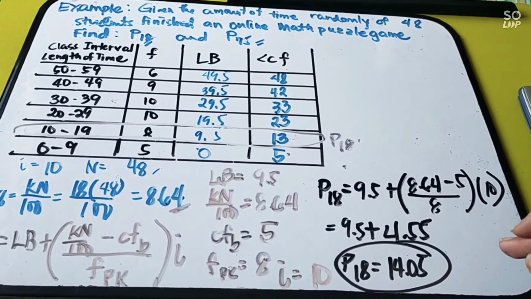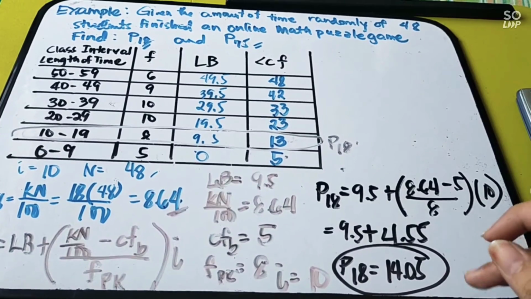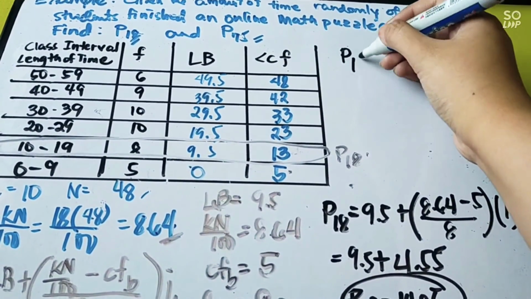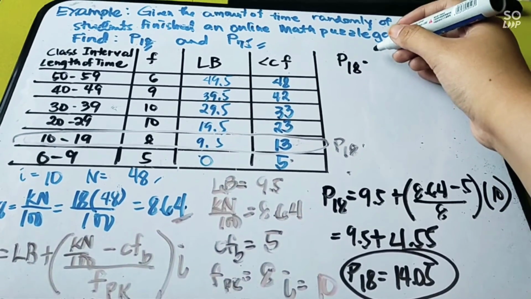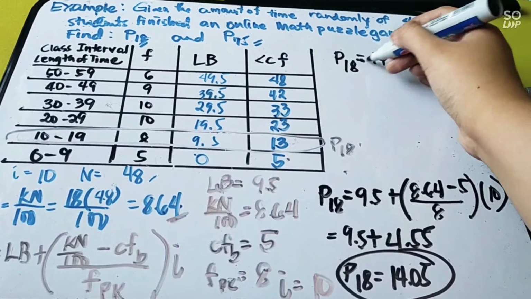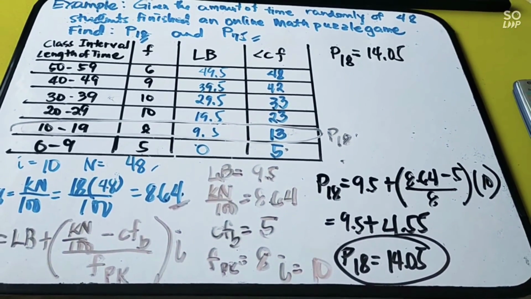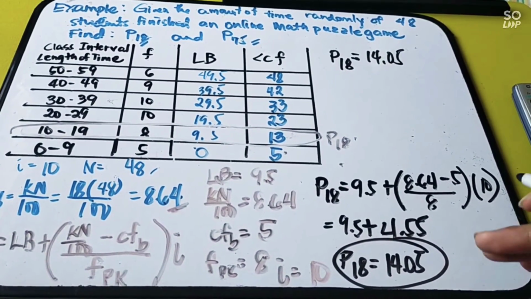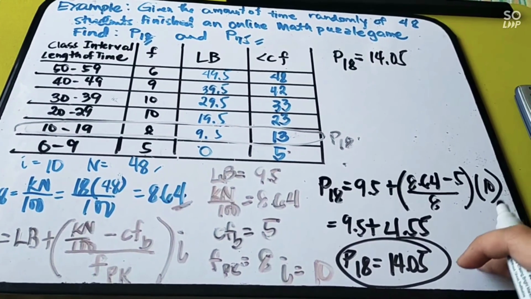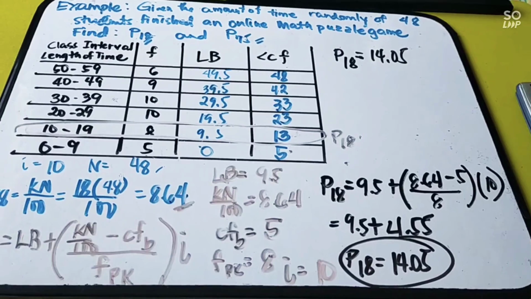Next tayo. Let us have the percentiles of 75. Ayan. Meron na tayong P sub 18 which is 14.05. So, importante ding alam nyo siyang i-interpret ha, kaya po sinasabi ko yung kanya interpretation. So, hindi lang yung sagot niya yung dapat nyo malaman, kung paano rin dapat i-interpret ang inyong sagot.